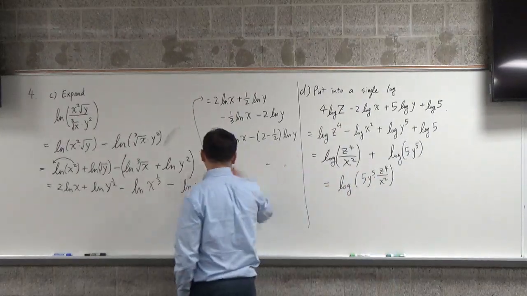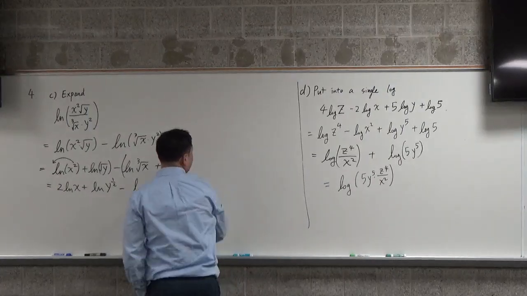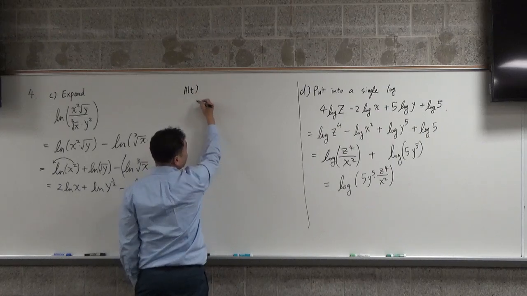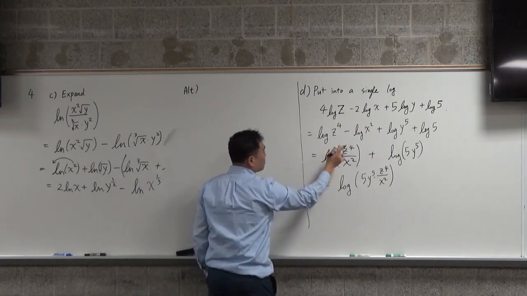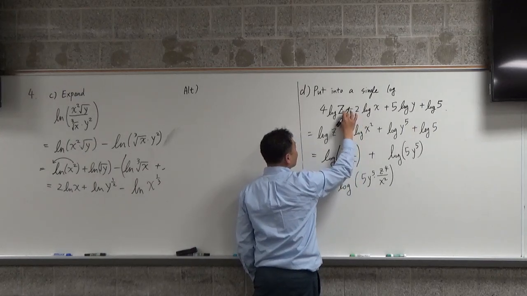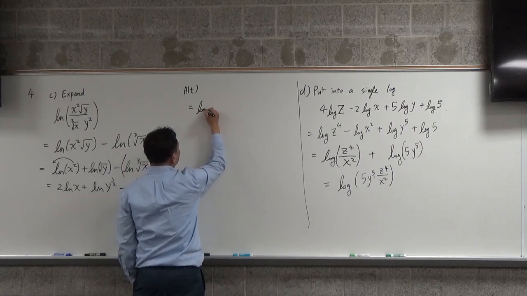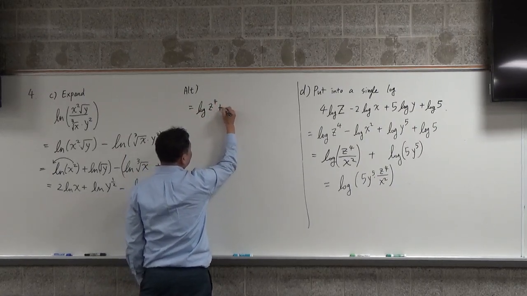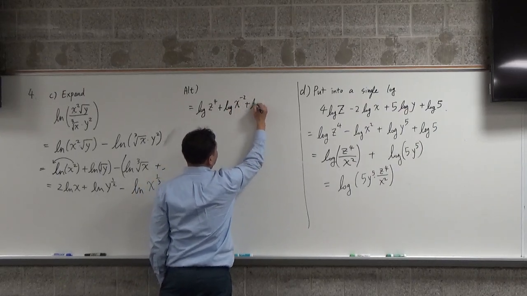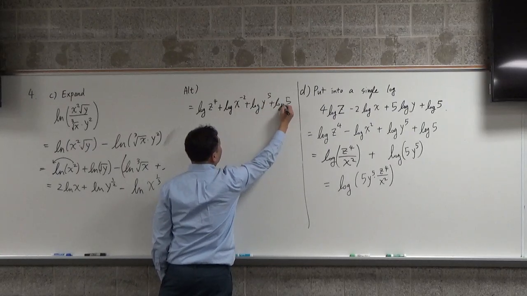Now, alternatively, let me show you this quicker alternate solution. You can move this minus 2 as well. So instead of thinking of it as minus 2, think of it as plus negative 2, so that this thing becomes log z to the fourth plus log x to the negative 2 plus log y to the fifth plus log of 5.